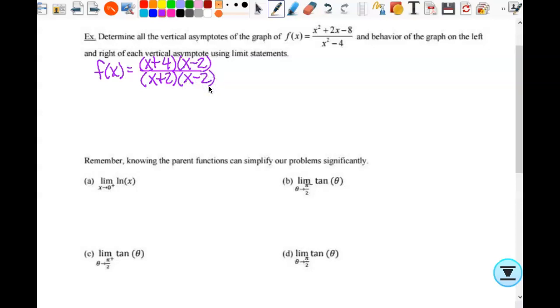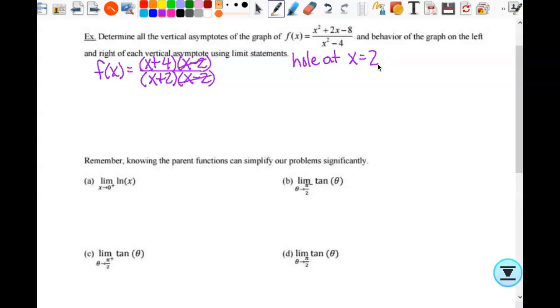Haven't even written it as a limit yet. Totally fine. So can I simplify this? Yes. All right, so I can cancel this out. So what does this mean I have? A hole. I have a hole at x equals 2. I know I didn't even ask that, but I want to make sure that we're writing down what we know, because that's still an important thing to know.